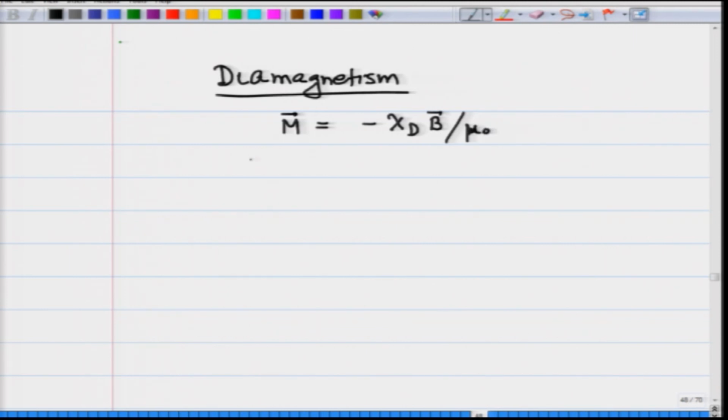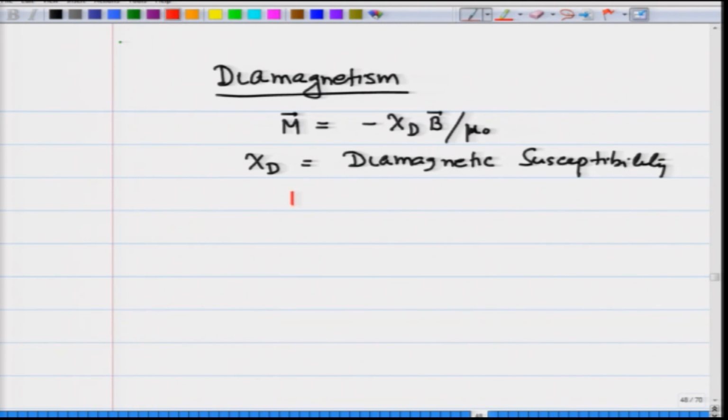So, the chi d is known as diamagnetic susceptibility, and its meaning is the same as was the meaning for paramagnetic susceptibility, where we had defined M to be equal to chi paramagnetic, B divided by mu 0.